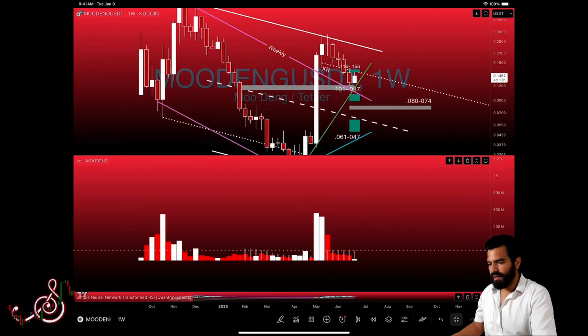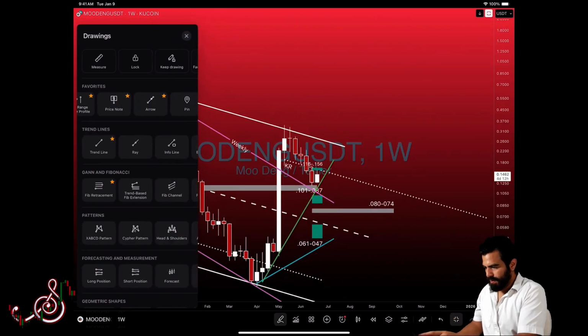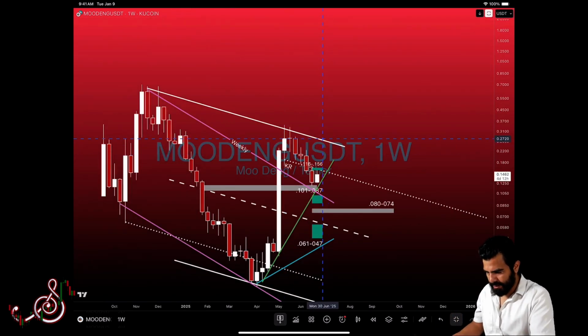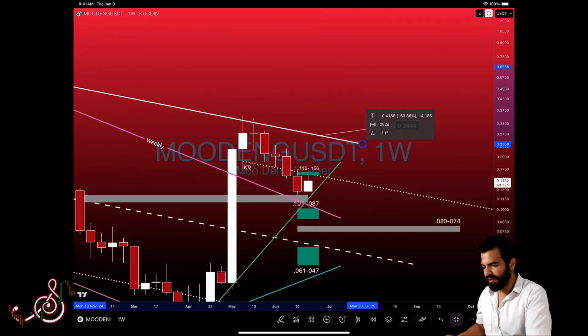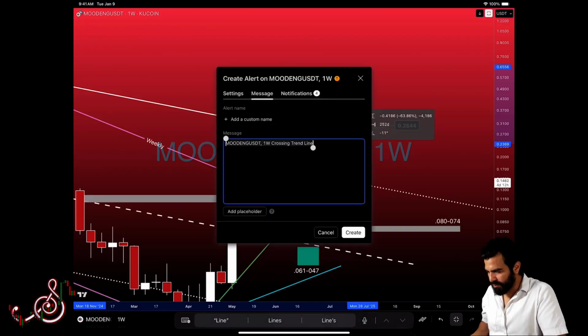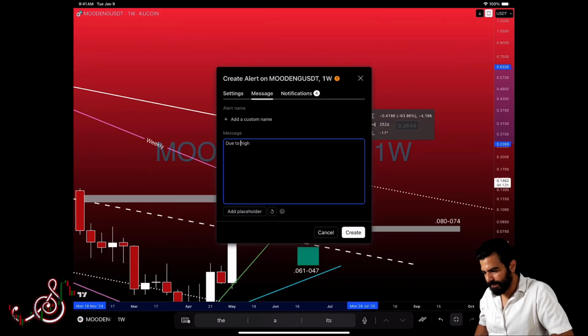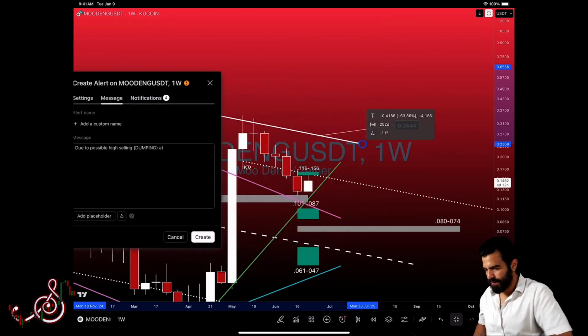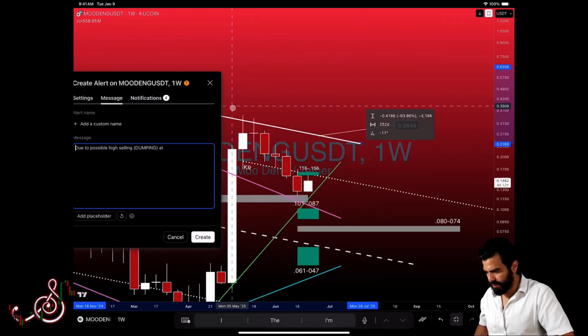So I'm going to put a marker there and an alert. That's what I would do. So about 25 cents, 26 cents, I'm going to put an alert on this angle due to possible high selling, and I'm going to put the word dumping because it looks like a dump, on May 12th week.